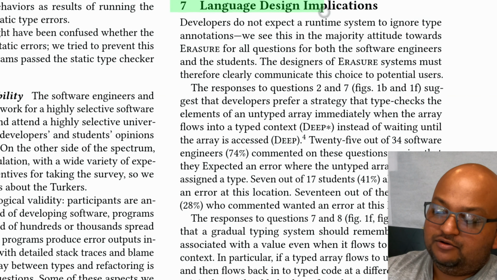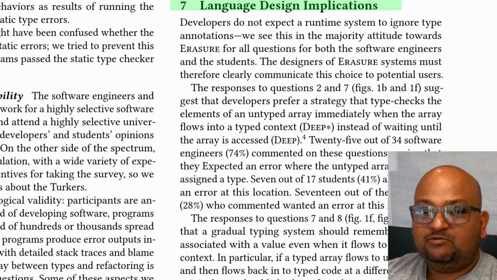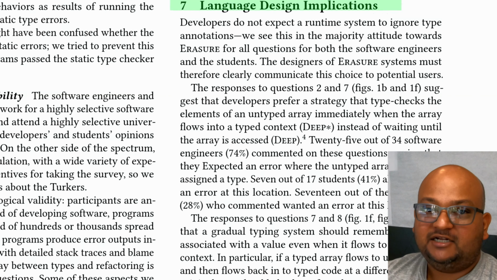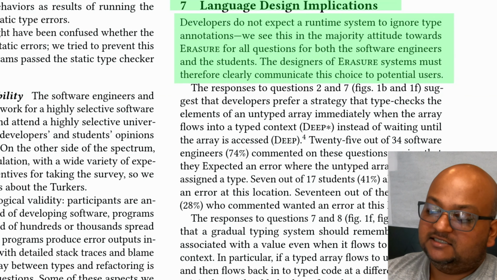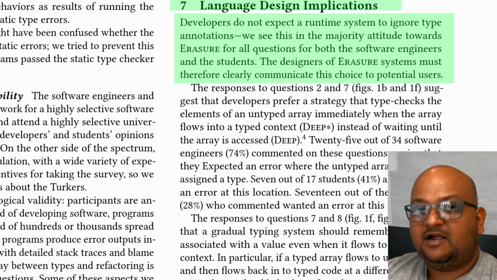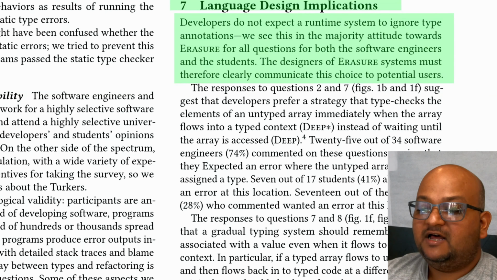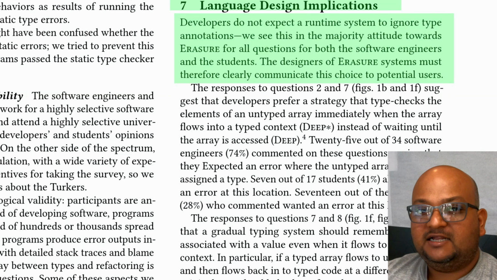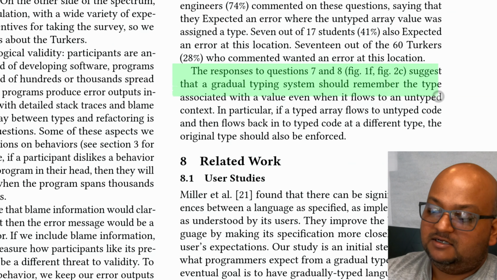So to conclude, what does this survey tell us about language design with gradually typed systems? The big takeaway is that the erasure strategy is surprising and unintuitive. Most developers do not expect these type annotations to be completely ignored at runtime.